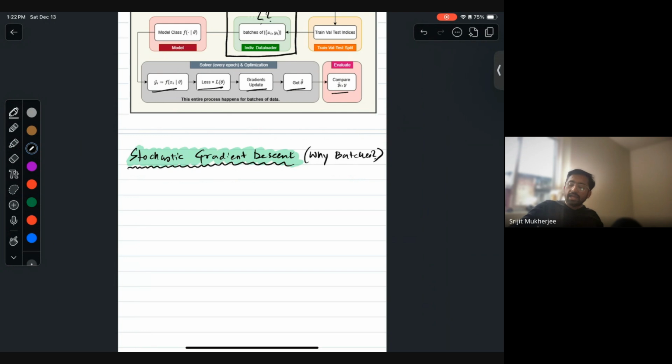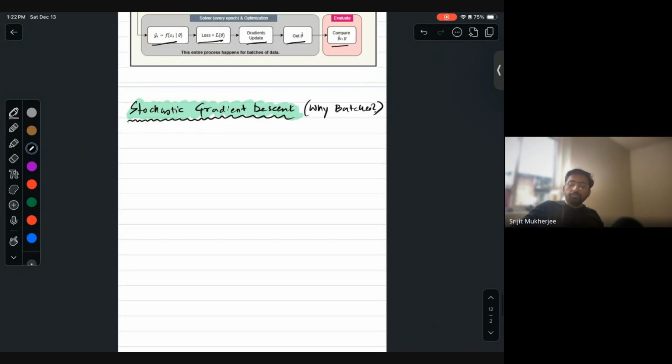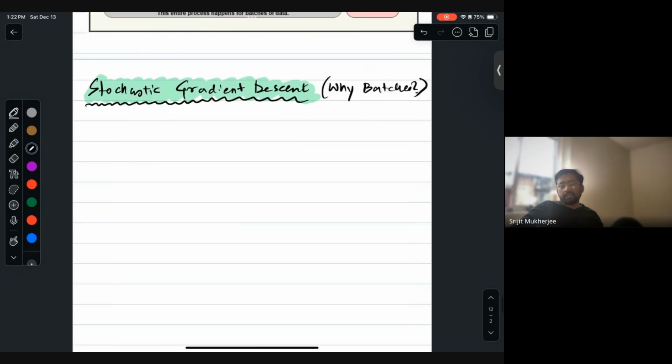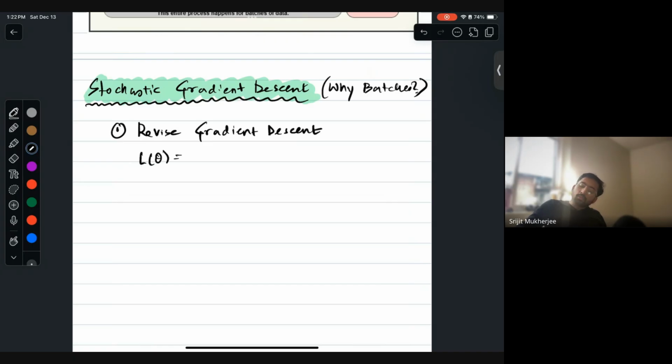The reason for batches is this. So let's revise gradient descent. Loss theta is nothing but 1 by n times the sum of each individual loss theta.